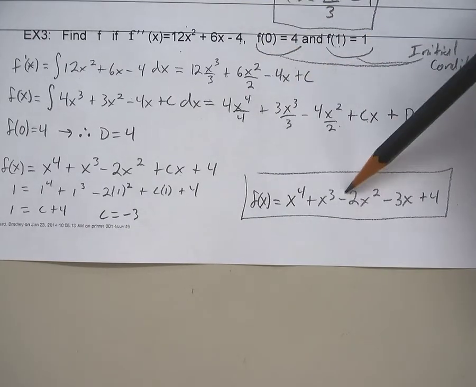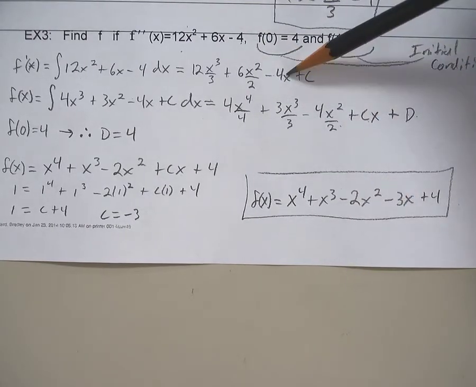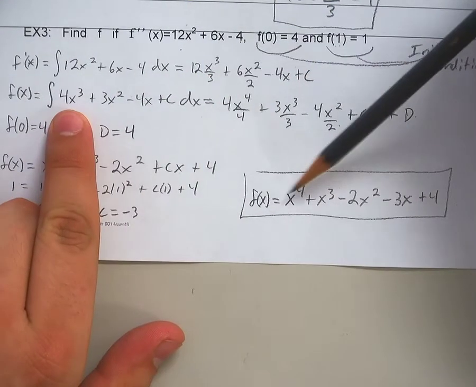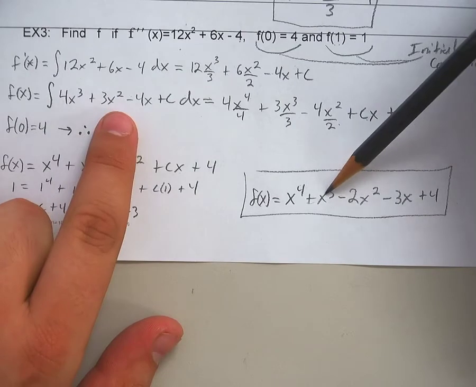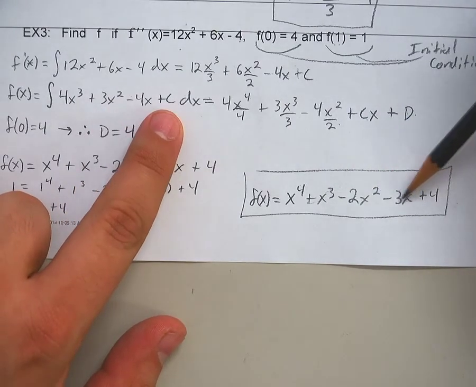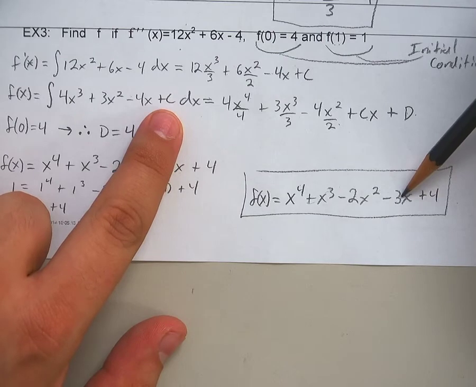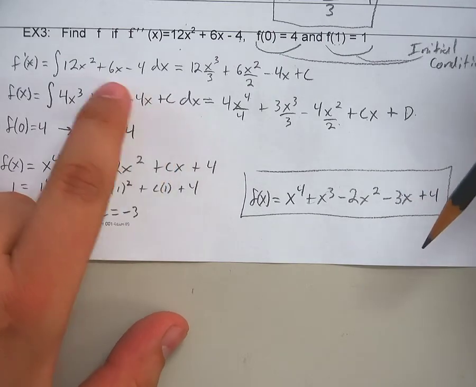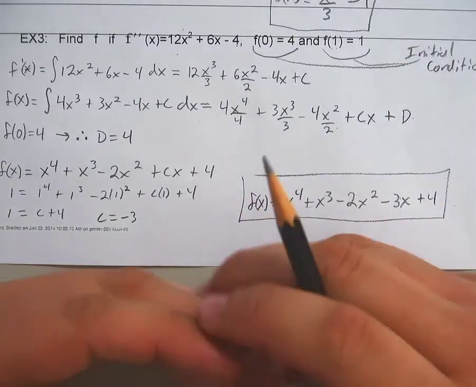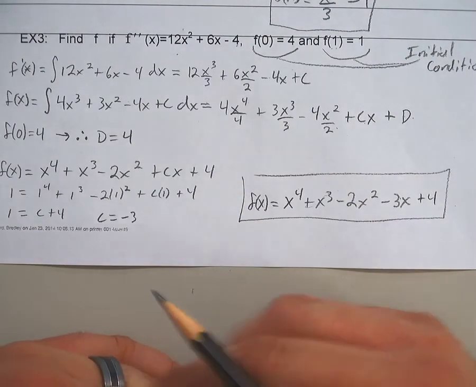The derivative of this, let's go back here. This should be right here. 4x cubed, 3x squared, minus 4x, minus 3, which is your constant, your plus c. Take your derivative there, you're back there. Perfect.